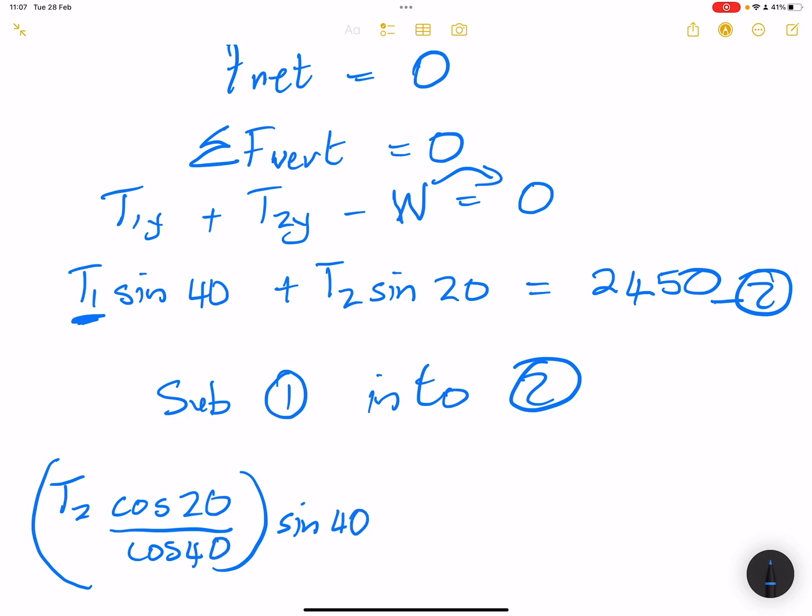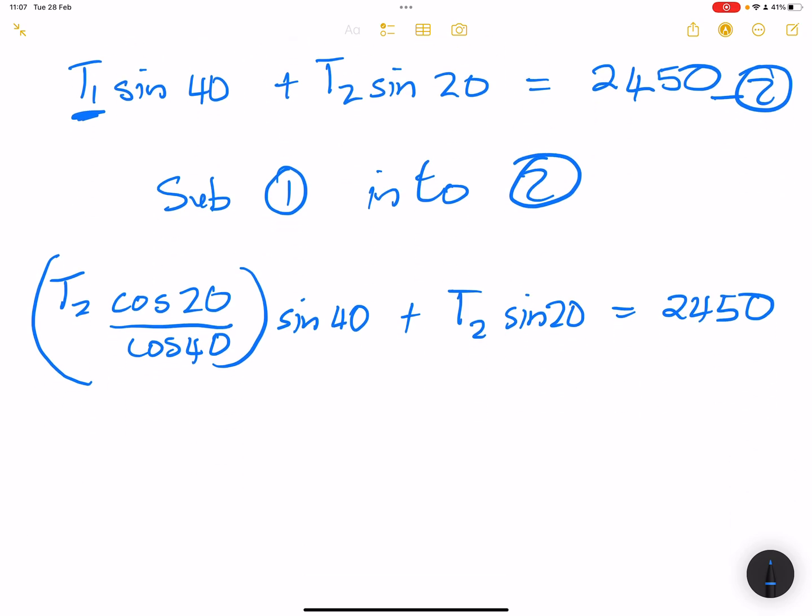Plus T2 sine 20. This is equal to 2450. So now we've eliminated one of the variables. Now let's make that into one thing.